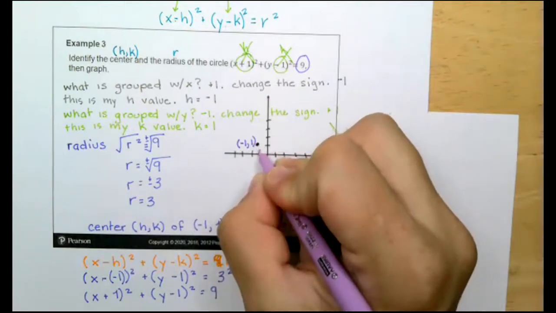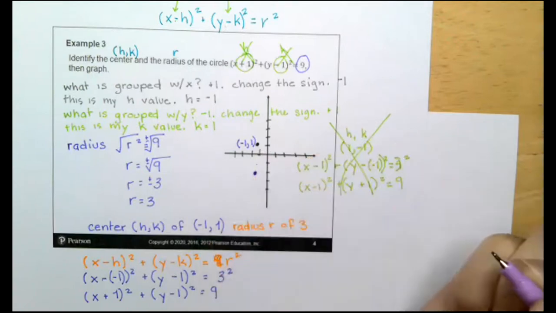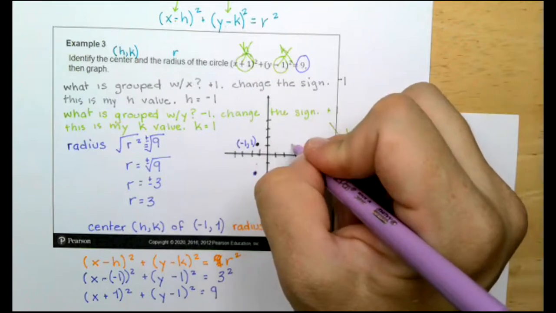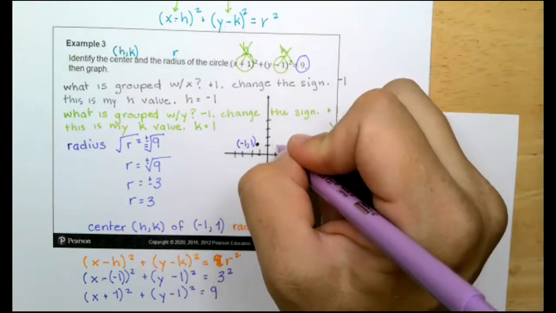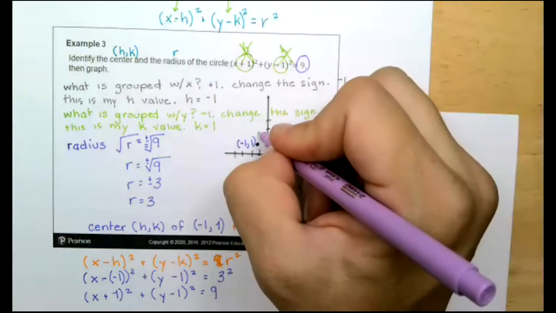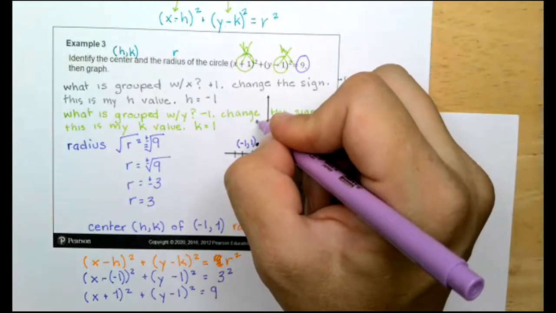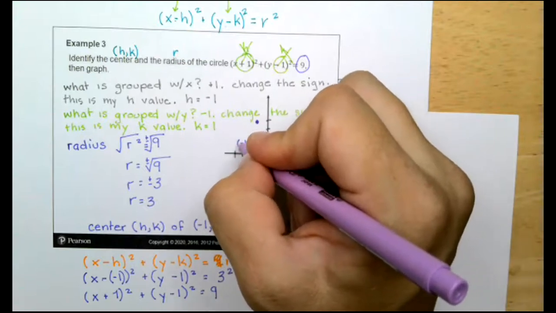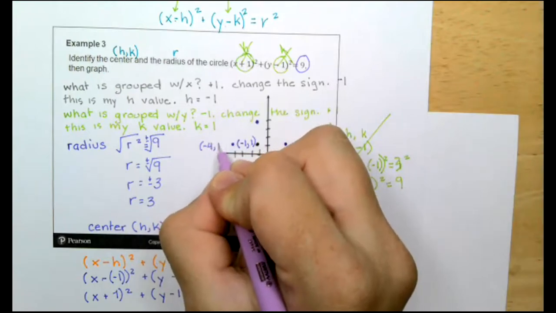If I go down 3 from +1, I get to -2, right? If I go right 3 from a -1, I get a +2. If I go up 3 from a +1, I get to 4. And if I go left 3 from a -1, I get -4. So this one's -4, 1, right?